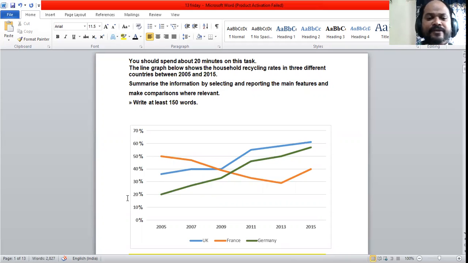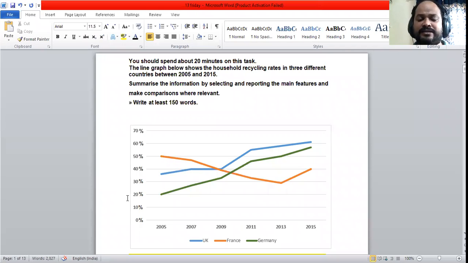identify the main features, select the main figures, and select the main fluctuations, the main trends and changes, identify them and present it in paragraph, making comparisons wherever relevant. This is what our task is. For this, we need to see what is happening in the vertical axis and what is happening in the horizontal axis.